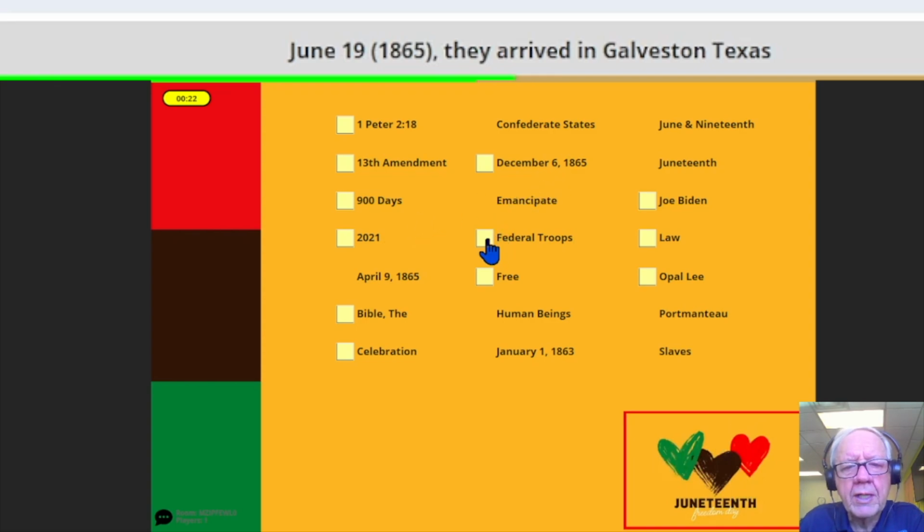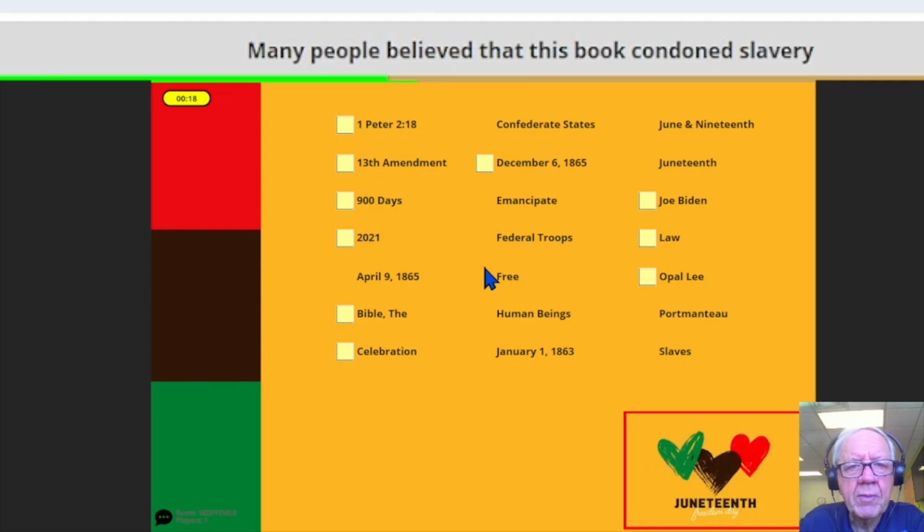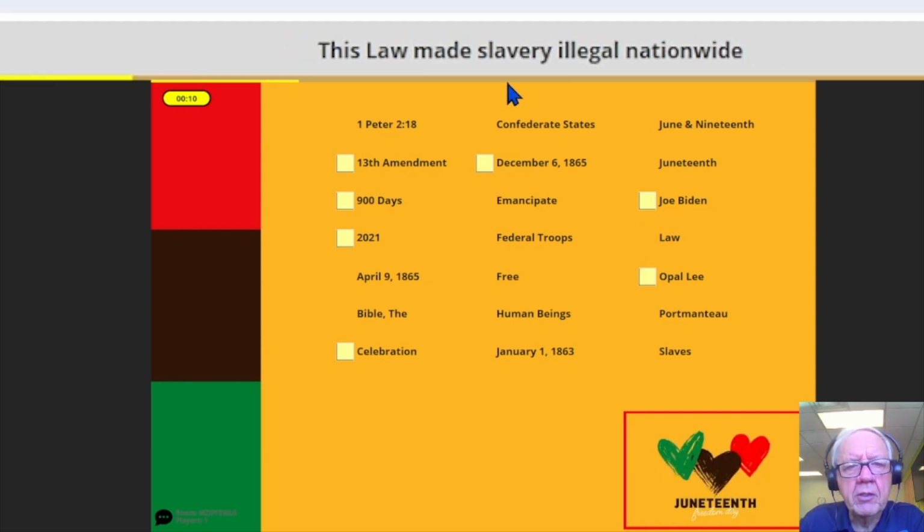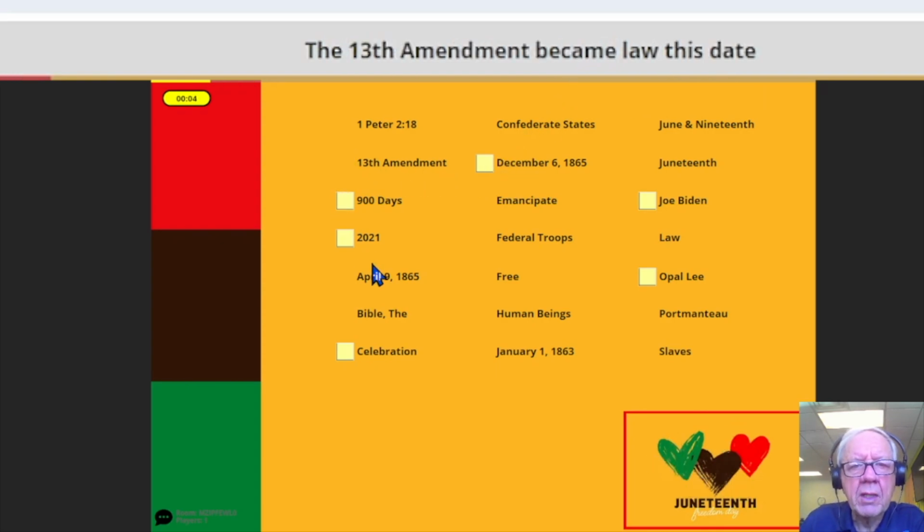They traveled to Galveston, Texas, federal troops, to let the people know they were free. Many people believe the Bible, 1 Peter, condoned slavery, but the proclamation was not actually a law. But this law made slavery illegal nationwide: the 13th Amendment. The 13th Amendment became law on this date.